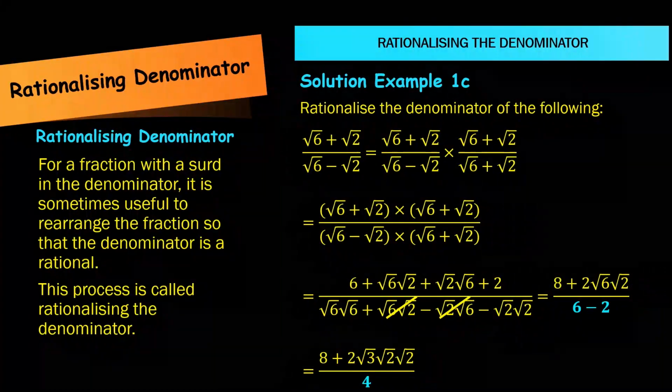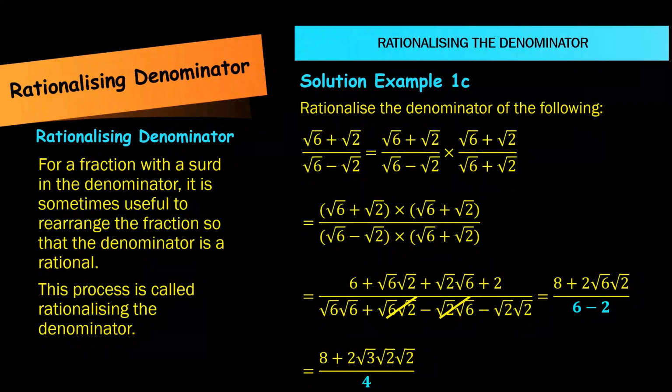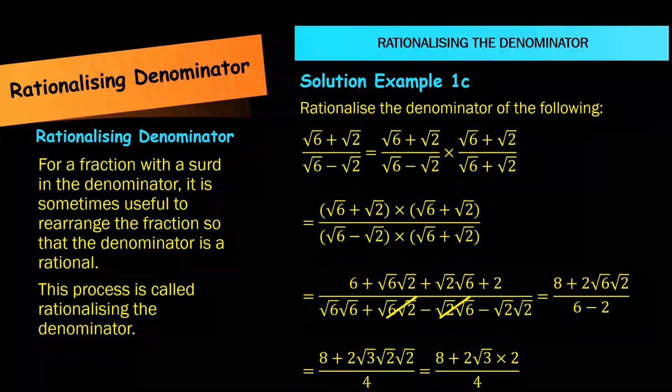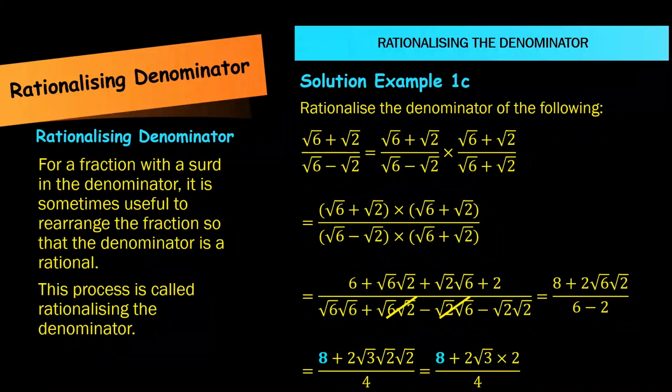And in the denominator, 6 minus 2 of course becomes 4. So now let's tidy up the numerator. We have 8 plus 2 root 3 times 2, all divided by 4.